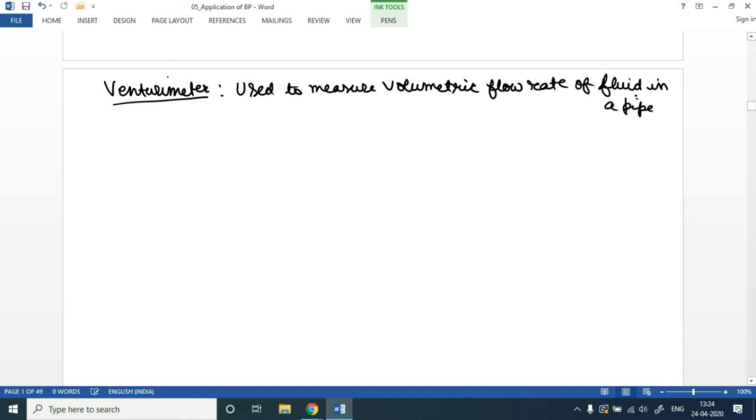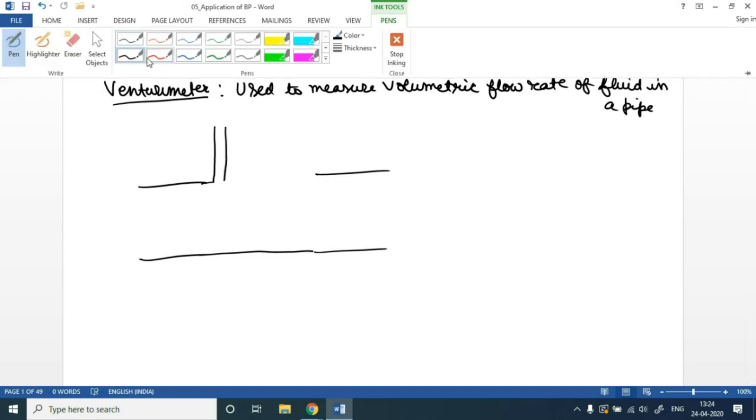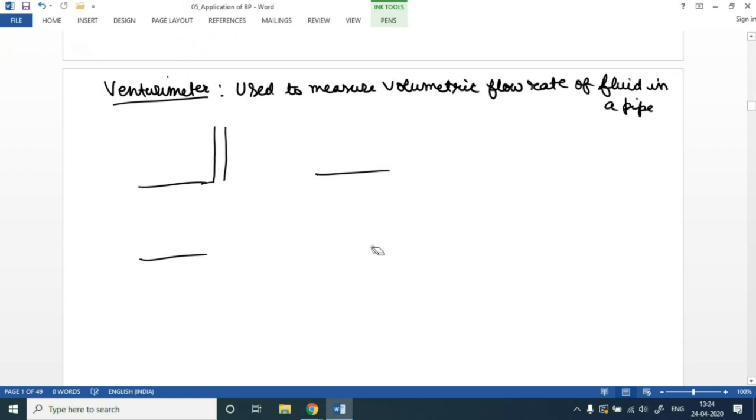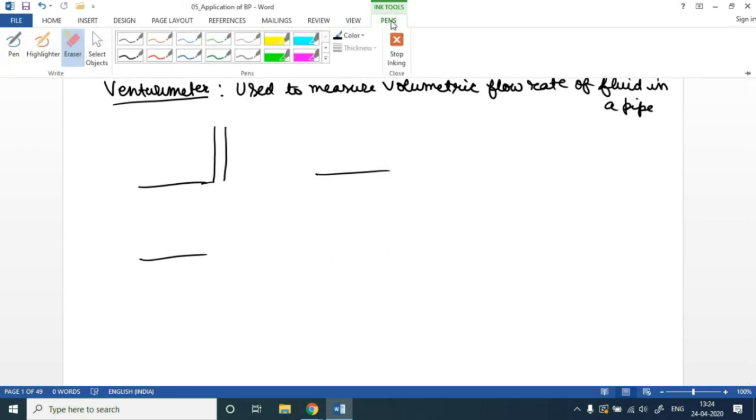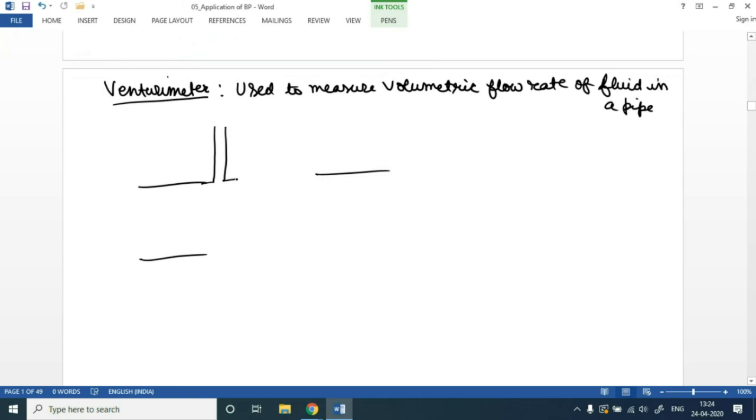Its arrangement is something like this. Let's say we have a pipe, and in order to measure the volumetric flow rate, we install a Venturi meter, and this is how the installation looks.